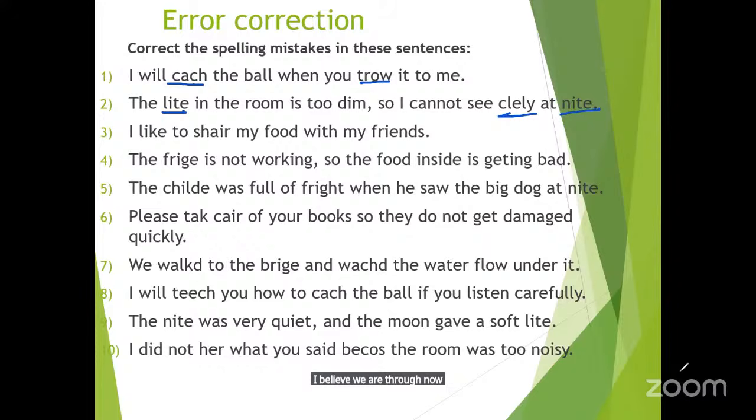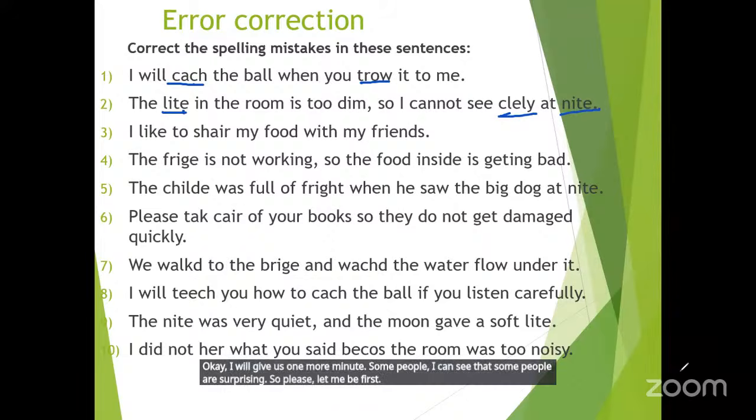Are we still writing? I can see some people are still writing. Okay, I will give us one more minute. Please, let's be fast.